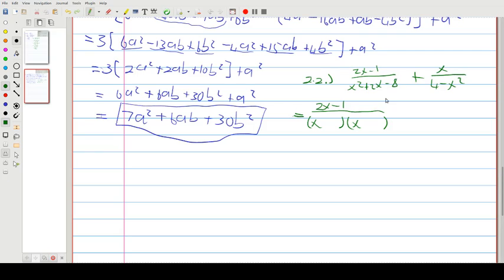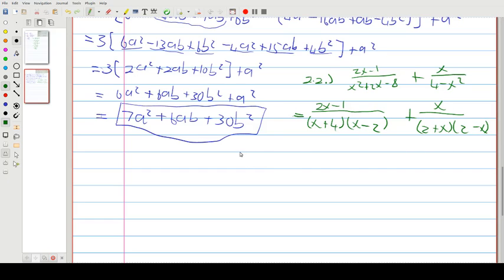Factors of 8 are either 1 and 8 or 4 and 2. 4 and 2 in this case will work. So if we have plus 4 and minus 2, that'll give us the positive 2 there. The x on top cannot factorize, that's already in simplest form, but the bottom again is a difference between two squares. The two brackets are 2 plus x and 2 minus x.